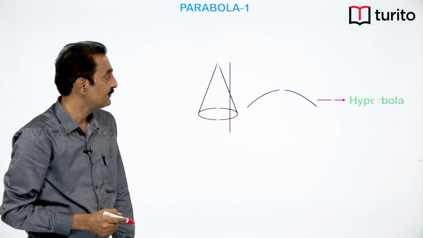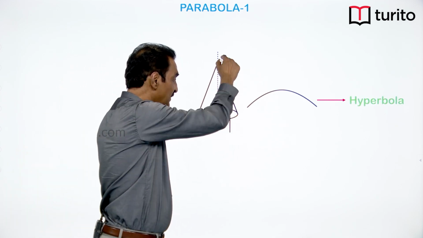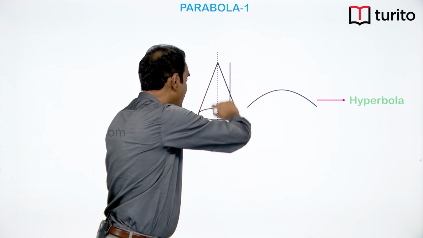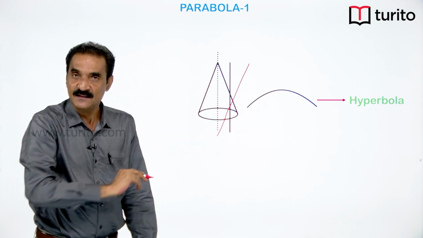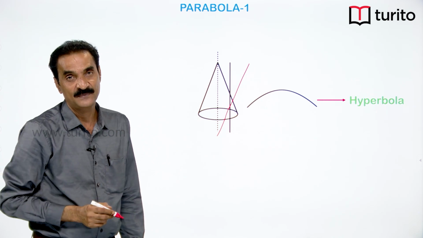The next is, if the cone is cut by the plane like this, it need not be parallel to the axis, you can cut like this, then the cross section will be a curve like this. This is the shape of a hyperbola.